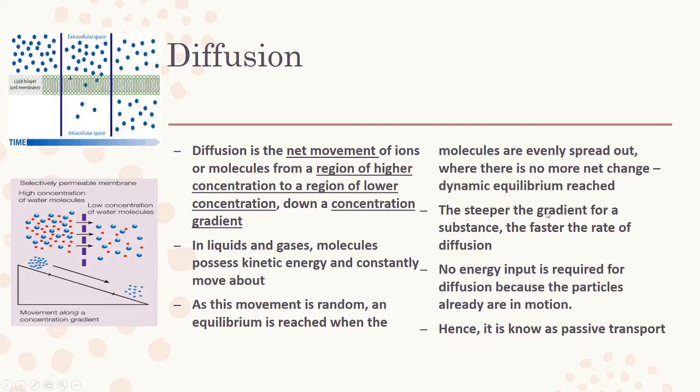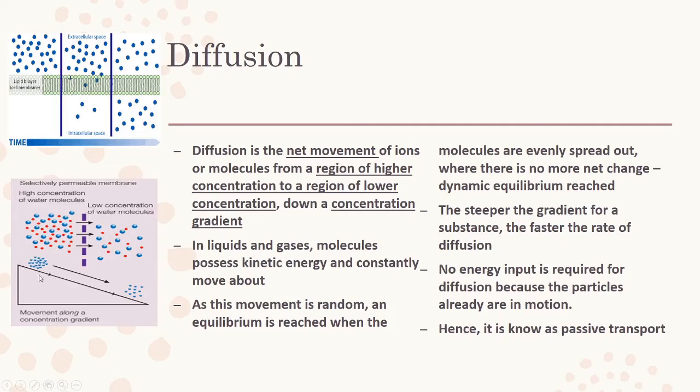The steeper the gradient for a substance, the faster the rate of diffusion. Now this you see over here is the concentration gradient. It basically is this slope or graph. We see over here that the y-axis shows the concentration of the molecules, and this shows basically the diffusivity.